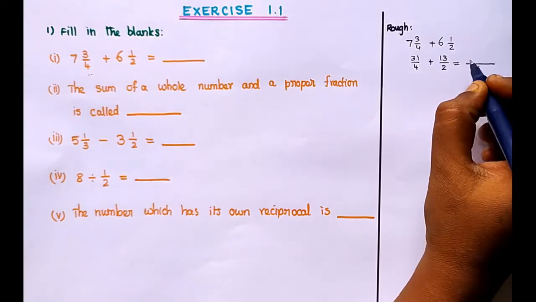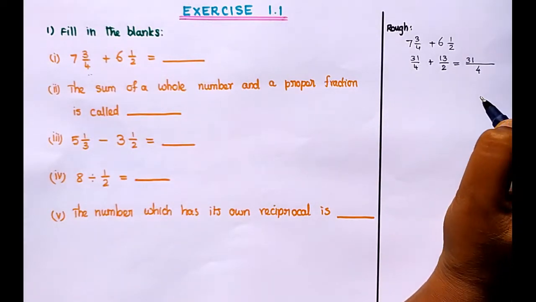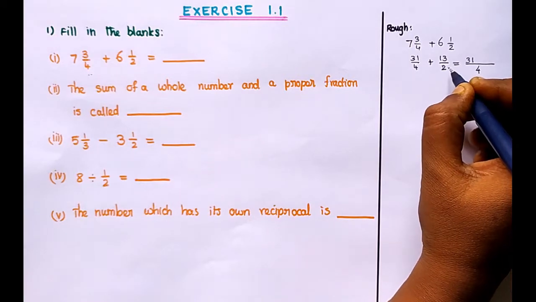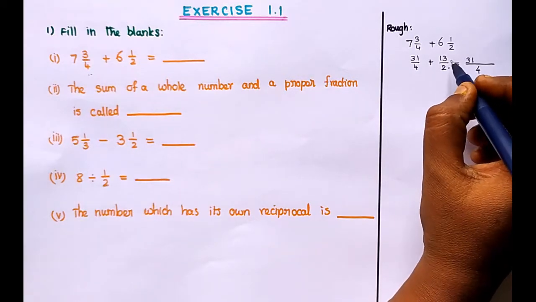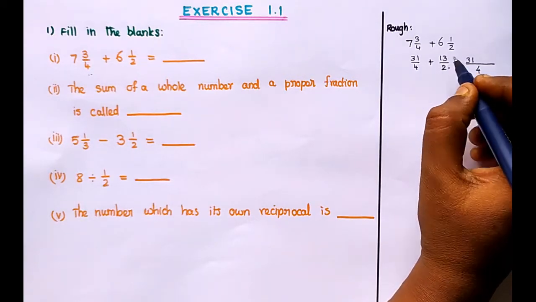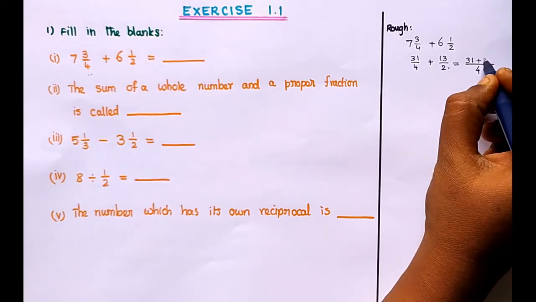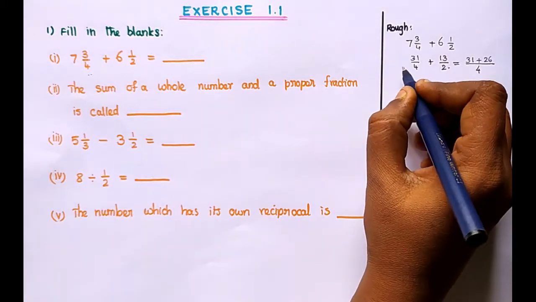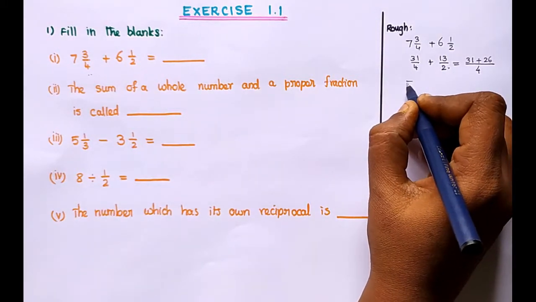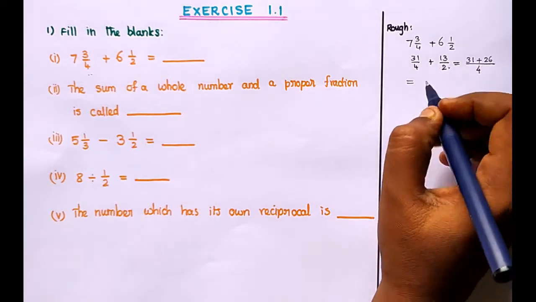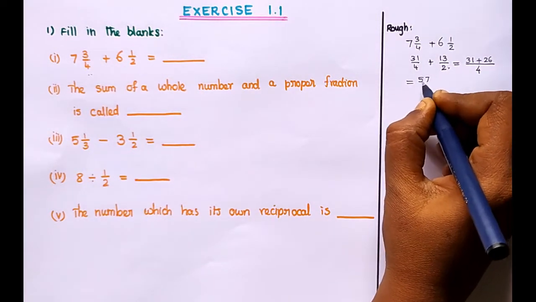So, 31 write as it is, and here 2, we multiply by 2 to get the LCM 4. So, the same number we have to multiply the numerator also. So, plus 13 2s are 26. So, 31 plus 26 means 57 by 4.